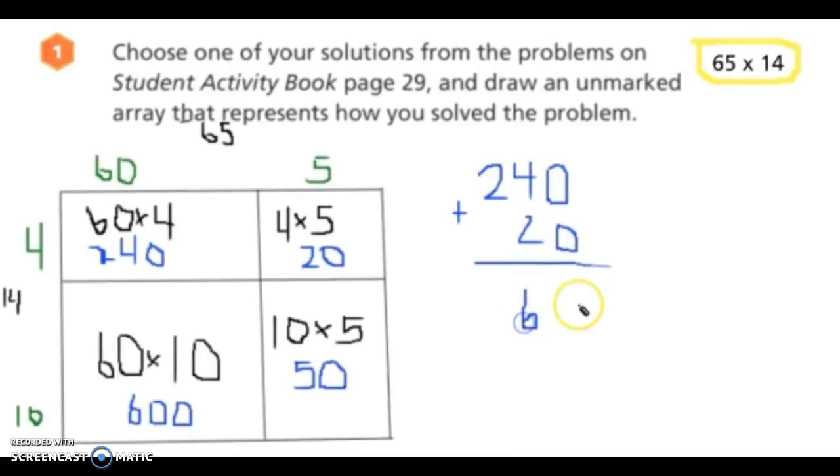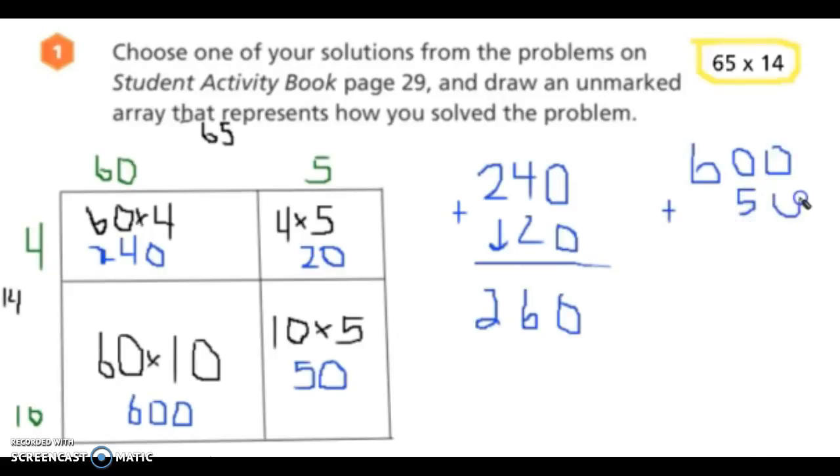So 4 plus 2 is 6. We know 0 plus 0 is 0, and the 2 carries down to make 260. And 600 plus 50, I know, is 650.